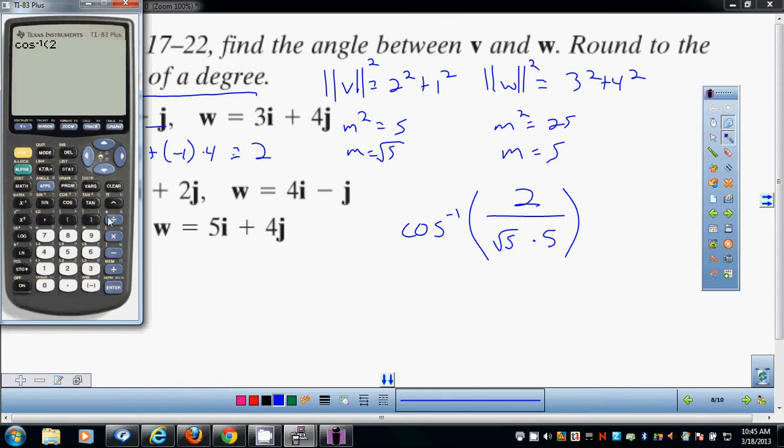The order of operations is going to do 2 divided by the square root of 5 and give you a number, and then multiply that by 5. But cosine inverse has to be of something less than 1. So you have to put your entire denominator in parentheses. Here we go. Enter. And 79.7 degrees.